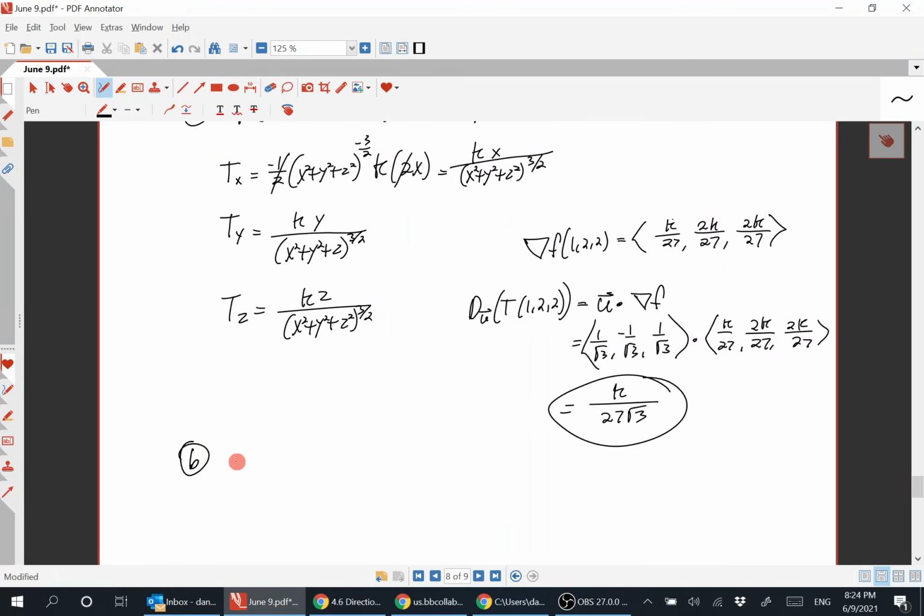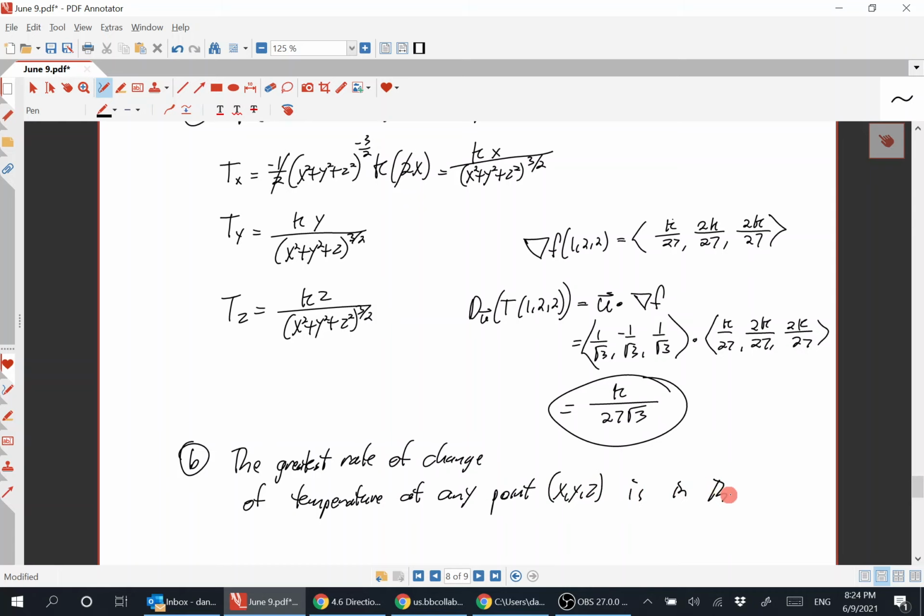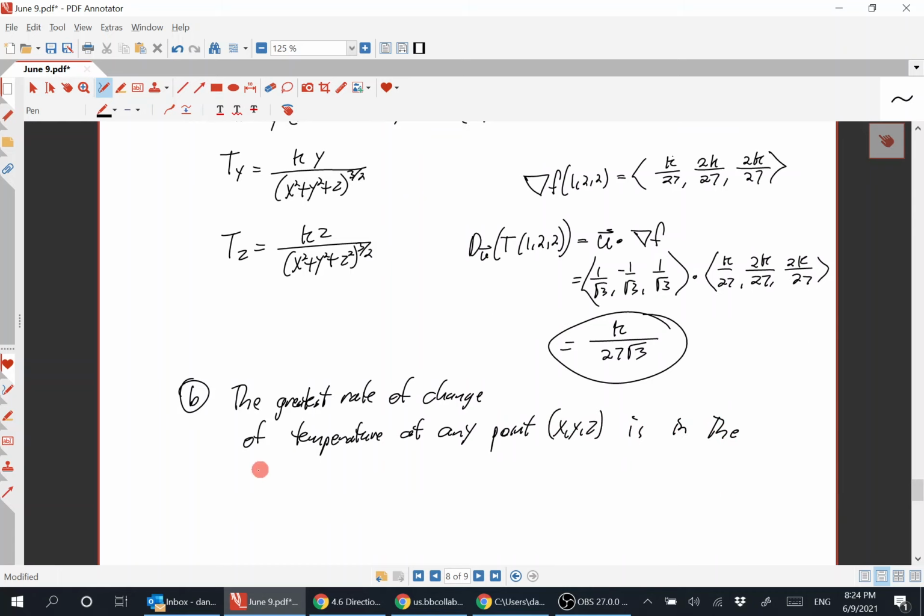So in part B, the greatest rate of change of temperature at any point (x, y, z) is in the direction of the gradient of T at that point.